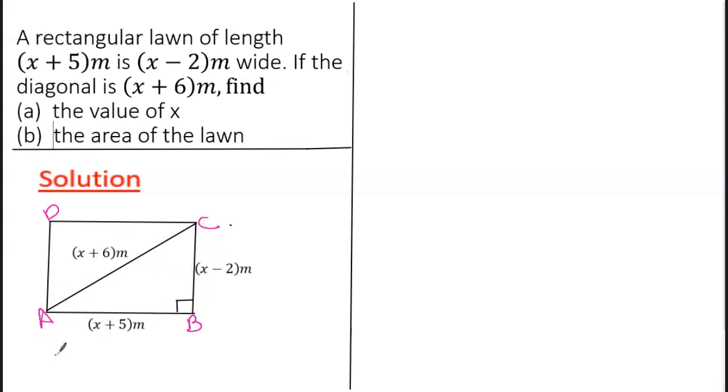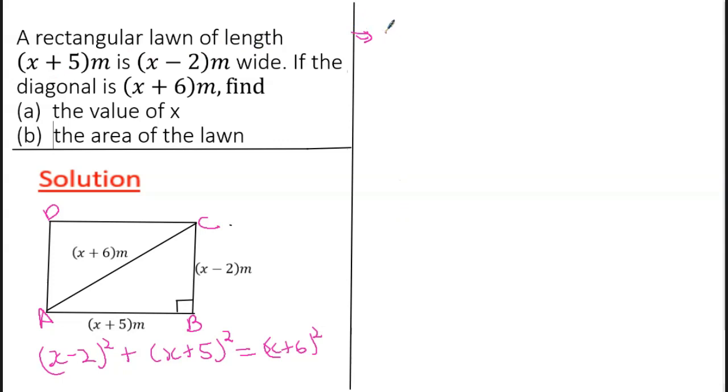To find the value of x from Pythagoras theorem, we can say that the hypotenuse squared is equal to the sum of the squares of the other two sides. So we have (x minus 2) squared plus (x plus 5) squared is equal to (x plus 6) all squared. We then expand these.